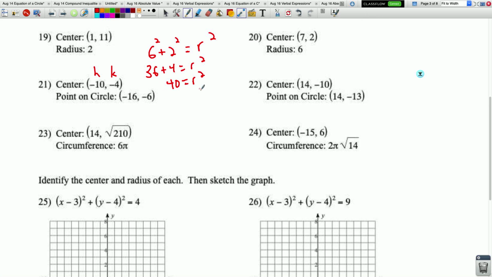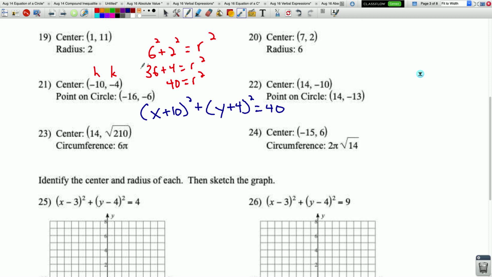I just have to find what r squared is, and we know it's 40. And now I can plug it into my formula. X minus h is going to become, minus a -10 will become a plus 10, plus y minus -4 will become y plus 4 squared equals 40.